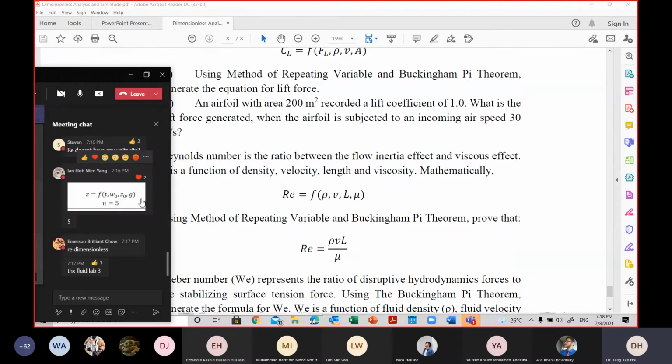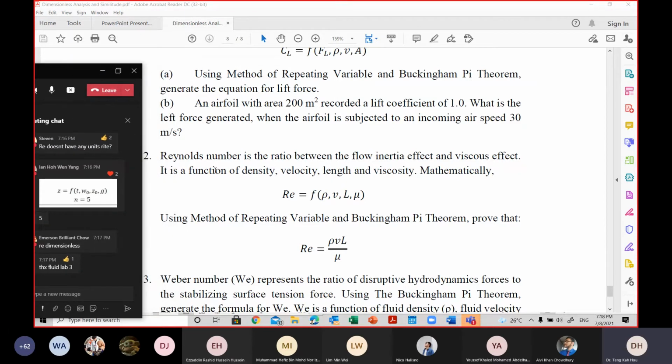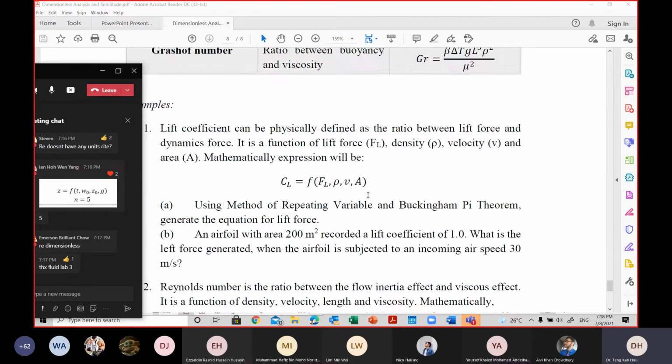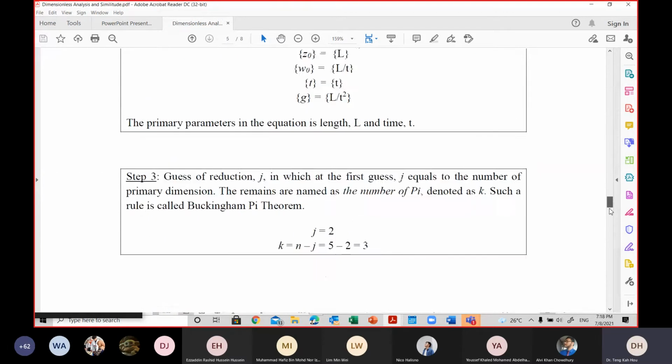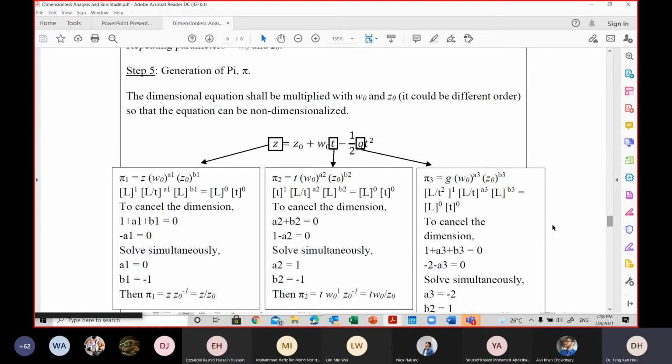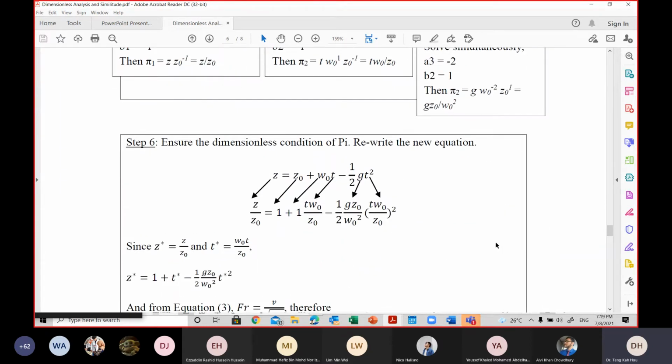So please be careful when you solve this chapter question. All these things carry marks, from your step 1 up to step 5. So don't leave anything empty.